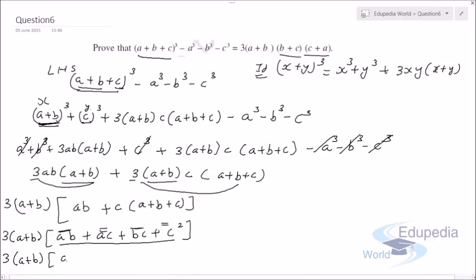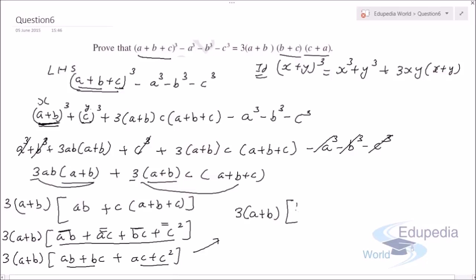So we get ab plus bc plus ac plus c square. Further, 3 into (a plus b) into, in this part we take b as common and in this part we take c as common.